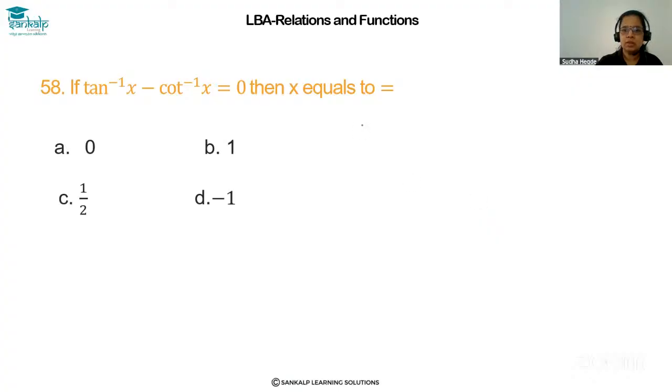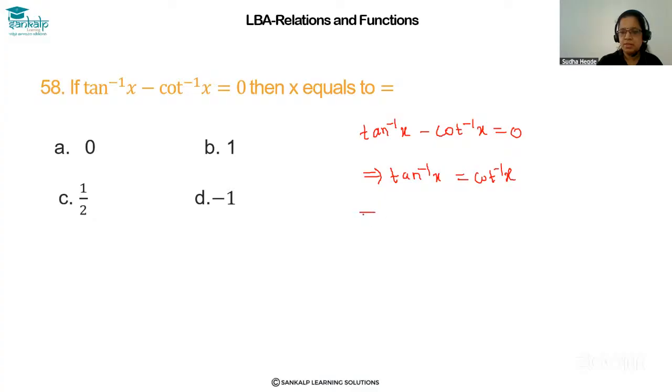So tan inverse x minus cot inverse x is equal to 0. This implies tan inverse x is equal to cot inverse x.